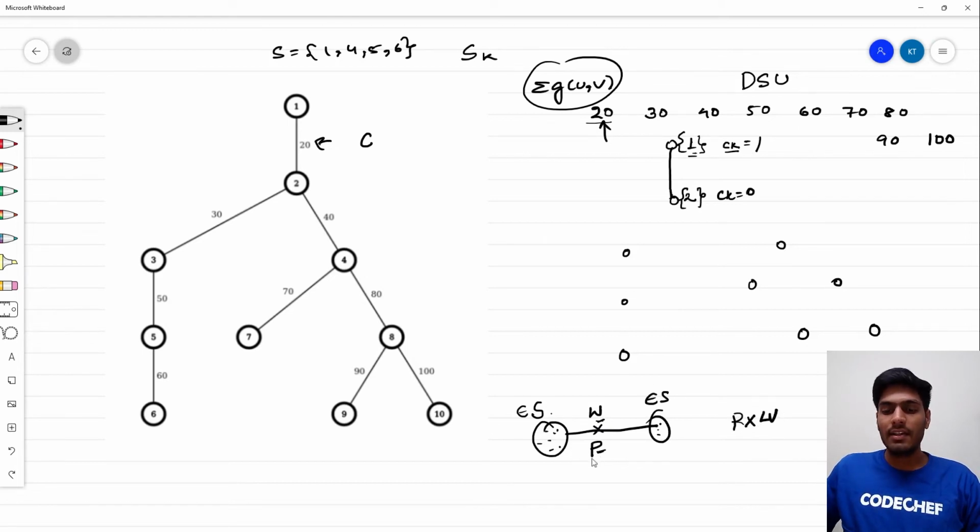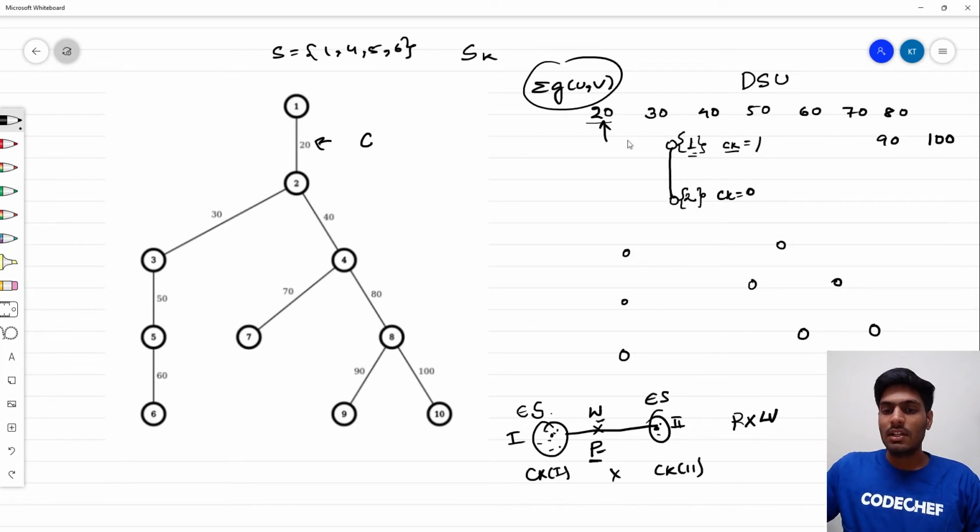Now to find the number of pairs, we simply have to find the number of, let's call it set 1 and let's call it set 2. We'll simply have to find the CK of 1 and multiply it with CK of 2. This is self-explanatory that we choose two special vertices and we connect them.